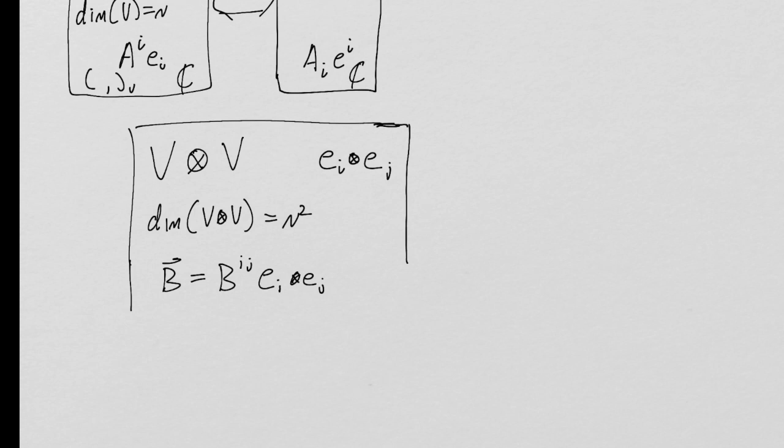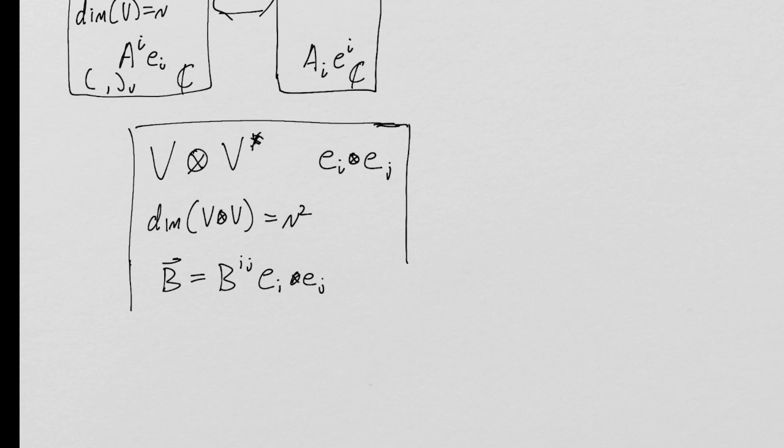The point is, when people see this notation, they get kind of intimidated because it looks like some weird abstract math. But it is nothing more than a basis vector for a new vector space, which is called a tensor product space, which is just V tensor product V. But then what we learned is that you could have done this with V tensor product V dual.